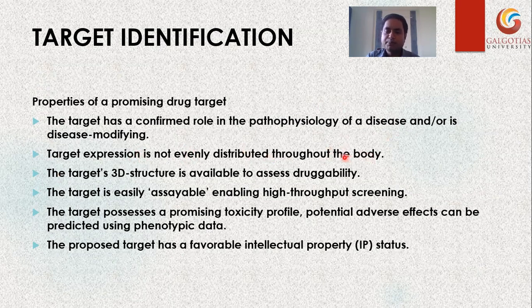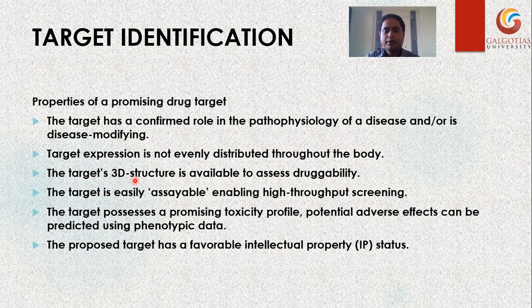So if you are identifying a target for modulation or inhibition, you should confirm the specificity of the target, because a target which is ubiquitously present in the body can lead to a side effect.